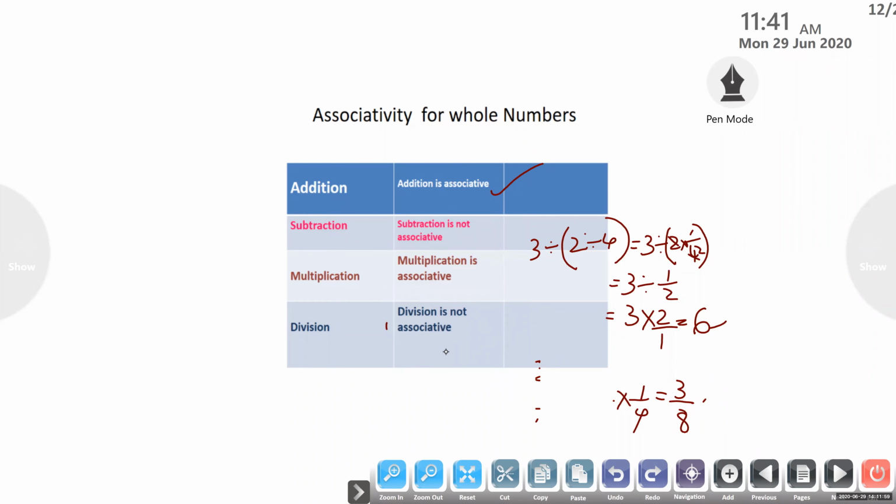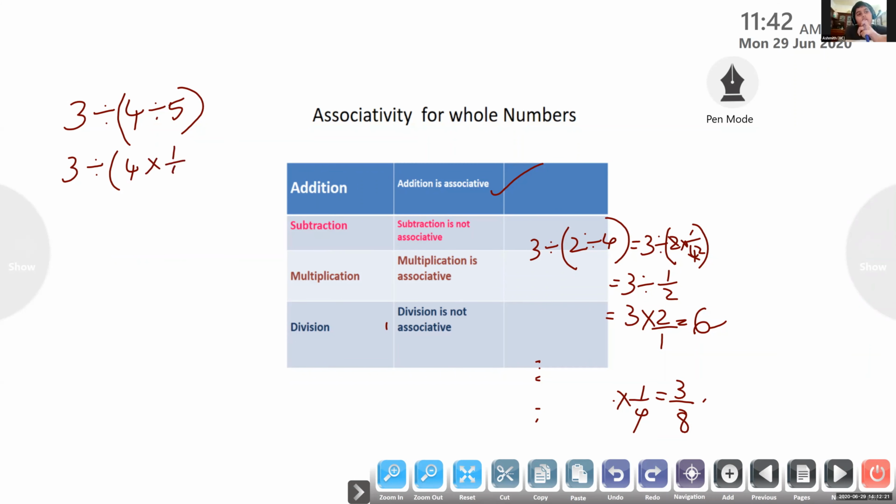I will explain the division once again. Okay, we will take some other numbers, 3, 4 and 5. 3 divided by 4 divided by 5. So 3 divided by, in bracket, 4, and we change the division into multiplication by putting the reciprocal.